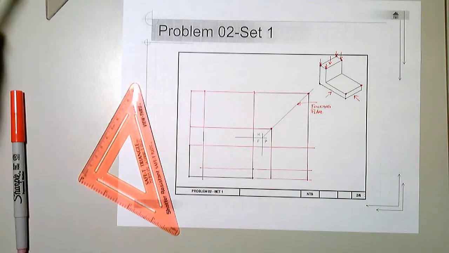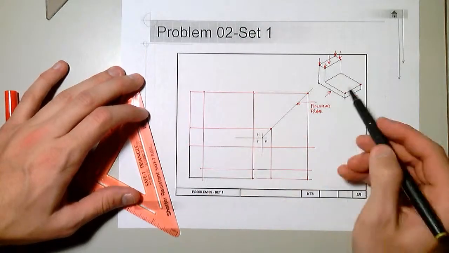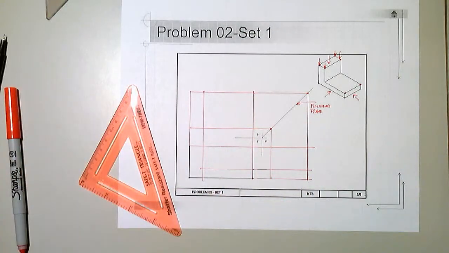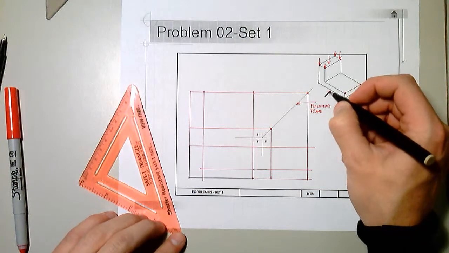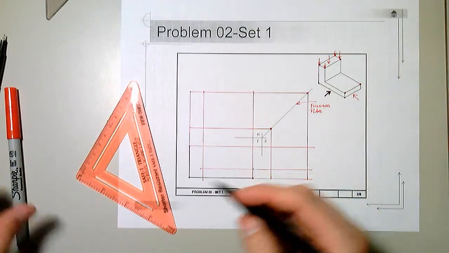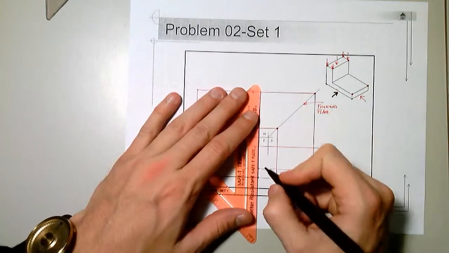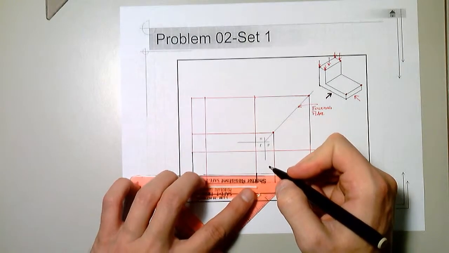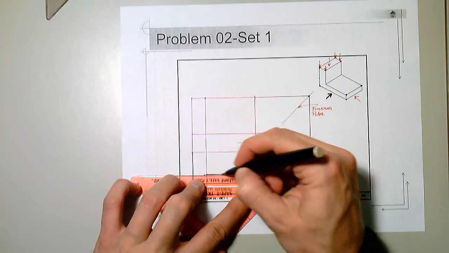Alright, now let's darken in what we're seeing on here that's important, that we need to be drawing. So we want to draw our front view. Our front view is this L-shape profile. So let's go ahead and trace that L-shape profile, because we've created it with these projection lines.